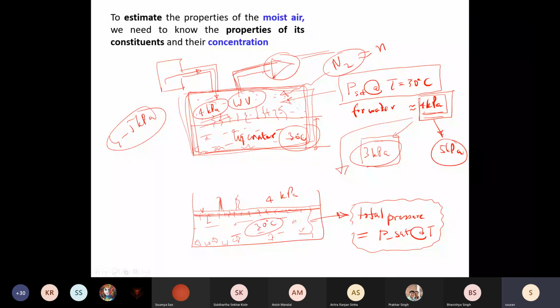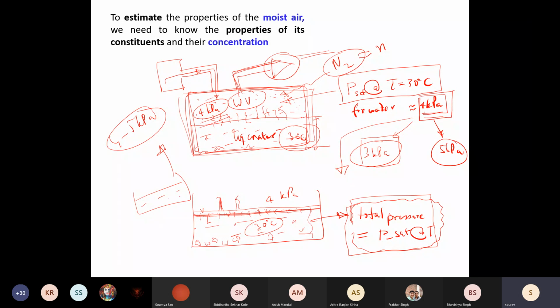Okay, so either you raise the temperature of the water so that you have total pressure equal to your P saturation at that higher temperature. That is what we do to boil water. We raise the temperature of the water, or you have to reduce the pressure on top to see the boiling happen.